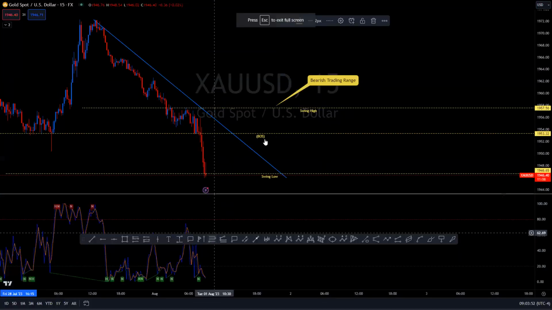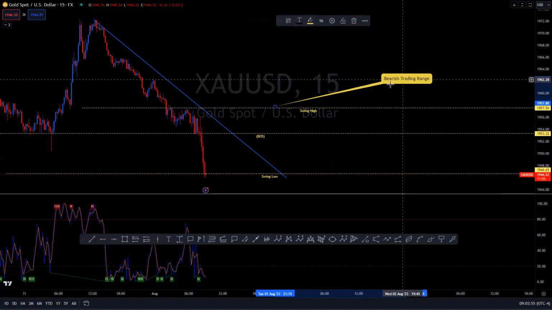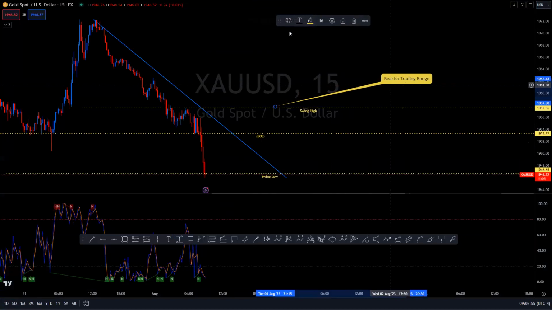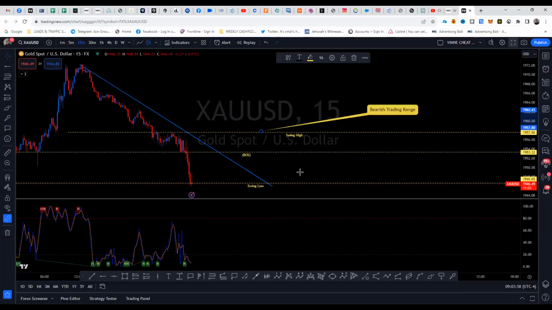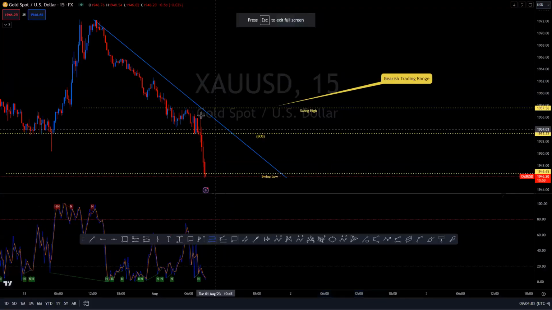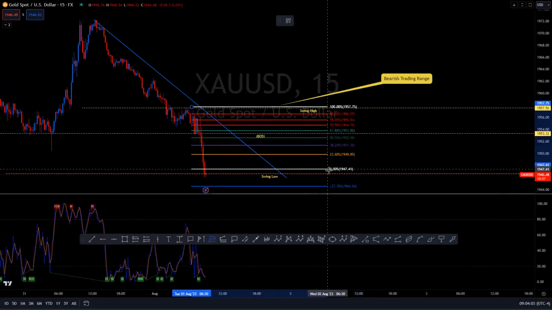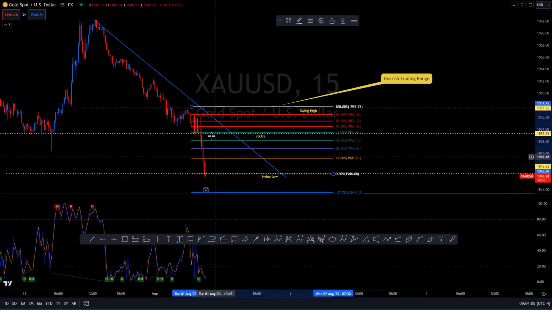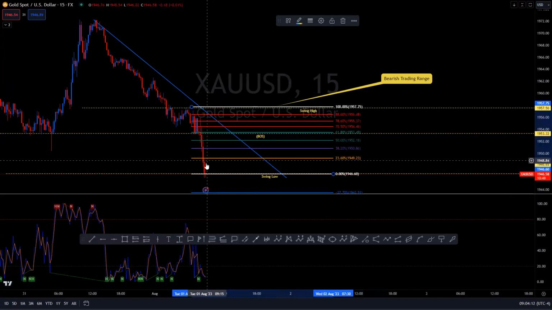So now we're going to take our fib, and since we're in a bearish trading range, we are going to take our Fibonacci and mark it from the most recent high to the most recent low and find a 50% area. So price hasn't pulled back to the 50% area off of this last bearish move here.